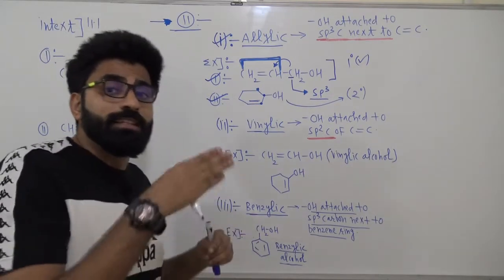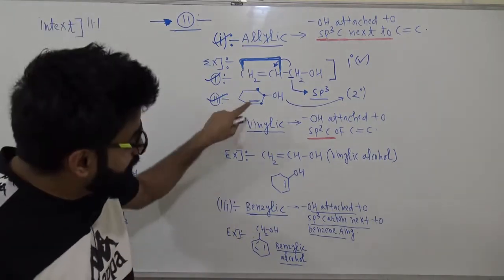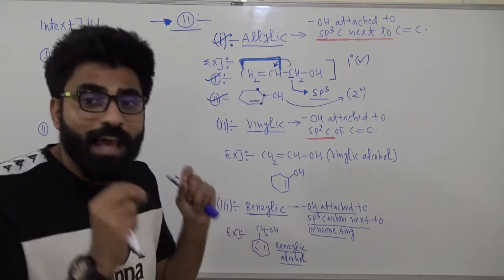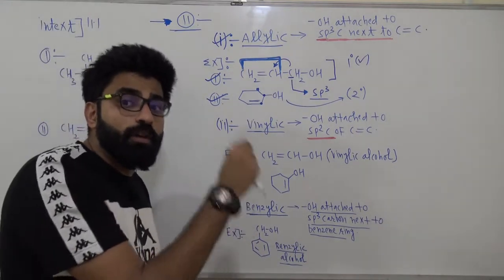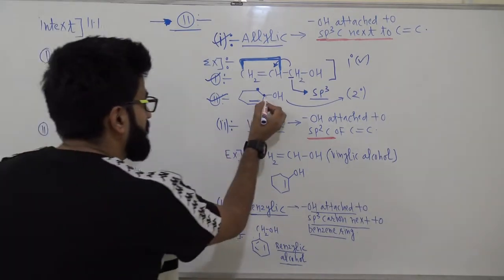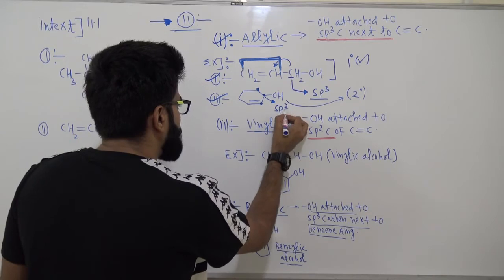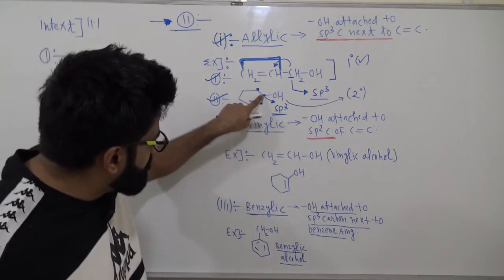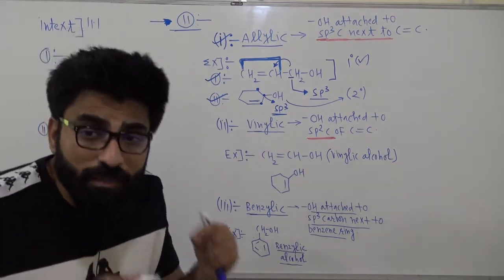Now come to the second classification. I want to check whether this is allylic or not, right? So what is the definition for allylic alcohol? The carbon to which OH is attached must be sp3. So if you check the hybridization of this carbon to which OH is attached, it comes out to be sp3. Right guys, the hybridization of this carbon is sp3, and what is the position of this sp3 carbon?